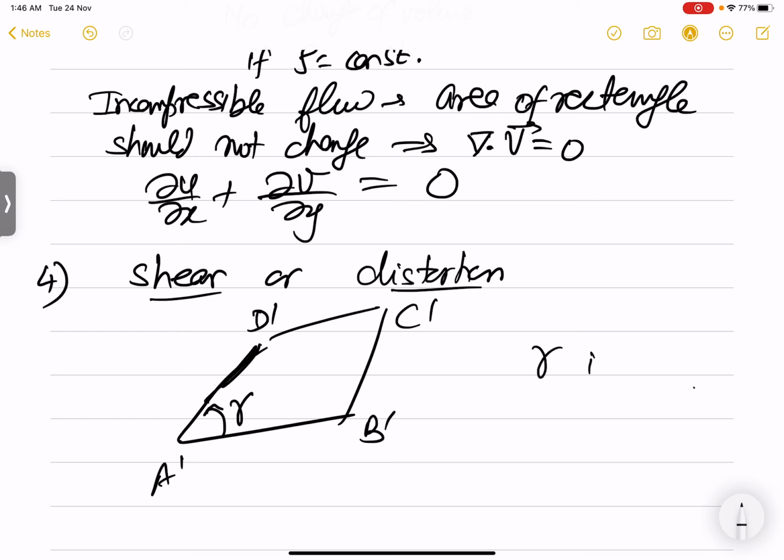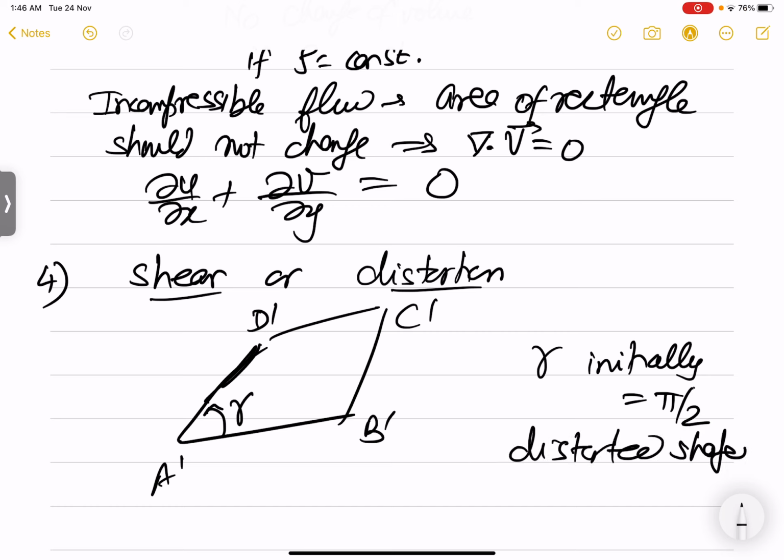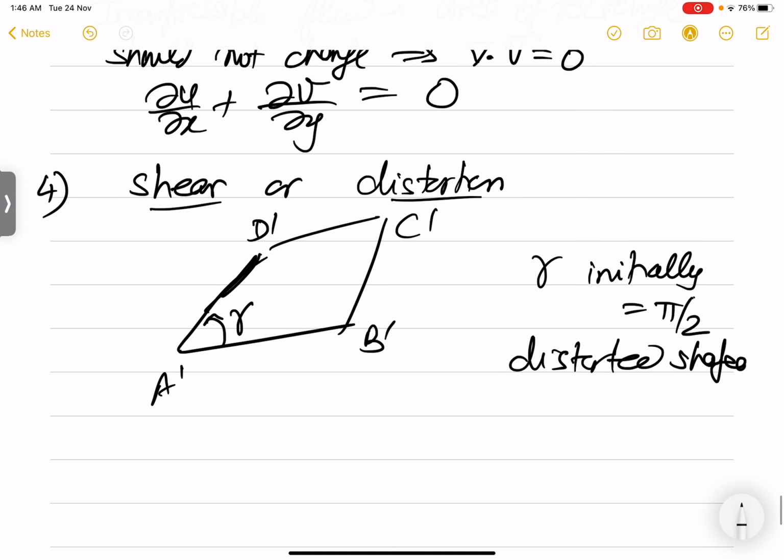So gamma initially was equal to pi by 2, but in the distorted shape, gamma is equal to pi by 2 minus delta theta 1 minus delta theta 2.